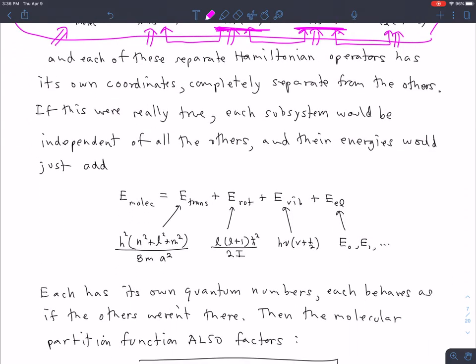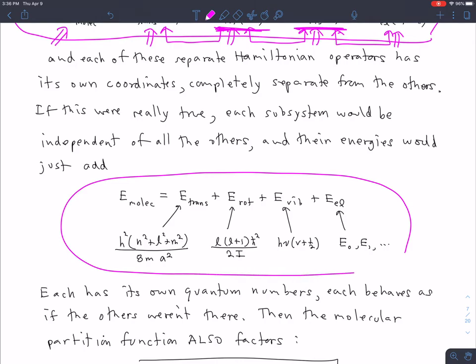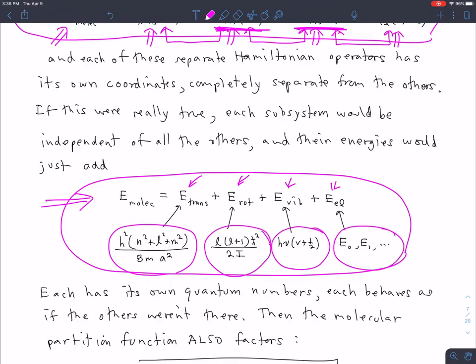Okay, with that approximation, the energy of each microstate in our partition function is again just a sum of terms, one for translation, one for rotation, one for vibration, one for electronic degrees of freedom. And we have expressions and quantum numbers for each and every one of those now.